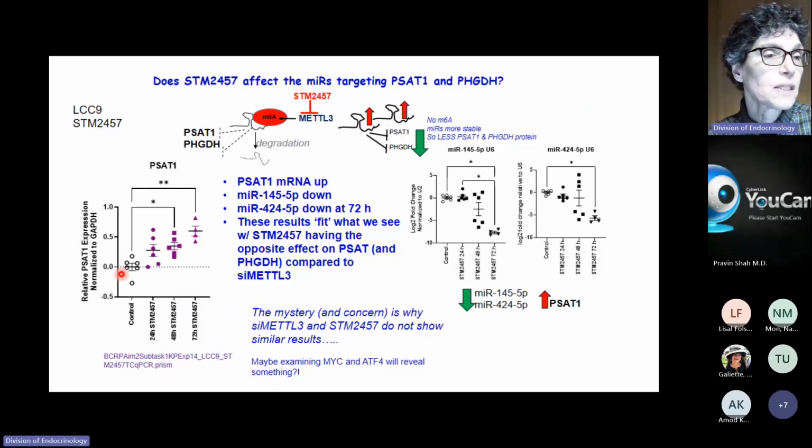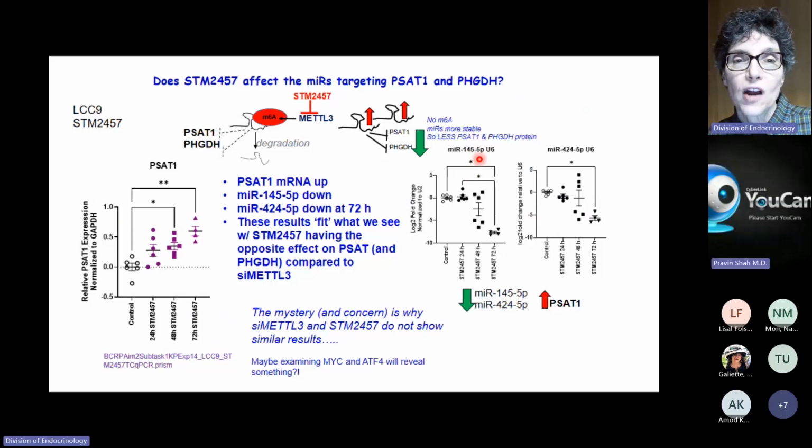We showed that PSAT1 was upregulated by STM2457, and in fact, the microRNAs, miR-145-5p and miR-424-5p, are inhibited over time by STM2457.